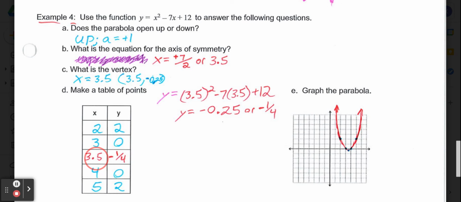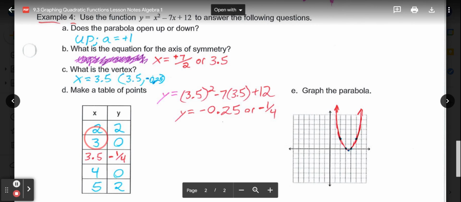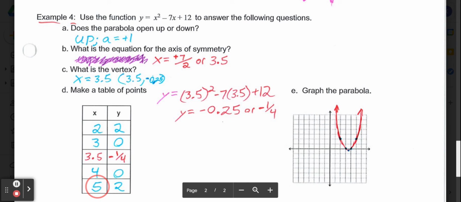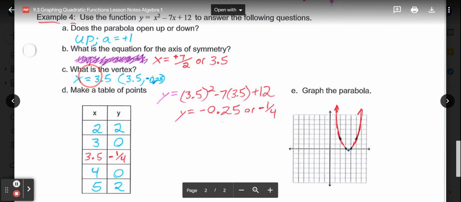Now, because x is a decimal, I'm going to use whole numbers for the rest of my values still. So I'm going to go left to the 3 and to the 2 of our vertex, and then right to 4 and 5. So then we're going to put in a 2, a 3, a 4, and a 5 into the original equation for x.